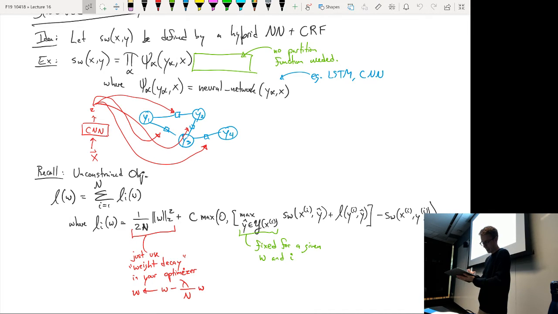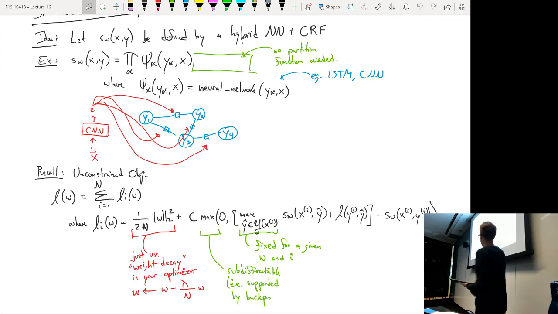Okay, and then this max is subdifferentiable. What that means for us is that it's supported by our backprop implementation.